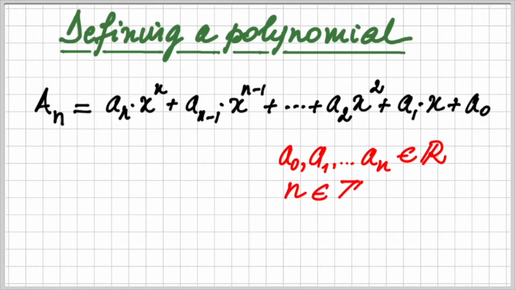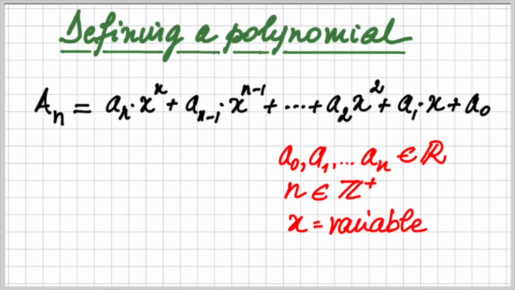We also have n. N is in fact a positive integer, and indicates the powers of the variable x in this case. X is one of the variables, or in this case the only variable.